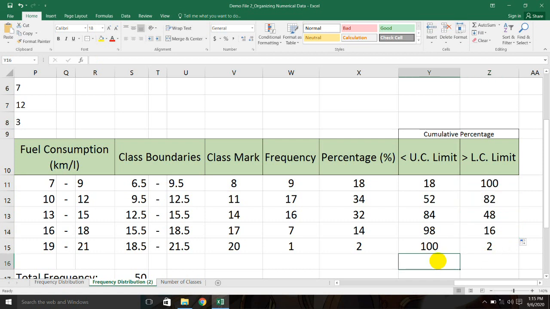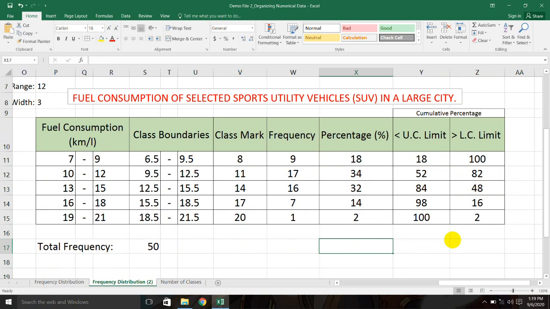The way for us to check whether those two columns are correct is to find the last value. It should be 100, because it's a cumulative column. And we have now completed our frequency, percentage, and cumulative distribution for the fuel consumption of selected sports utility vehicles in a large city.